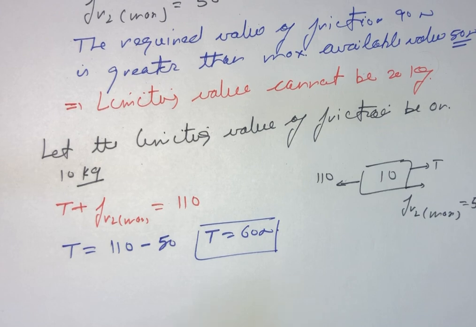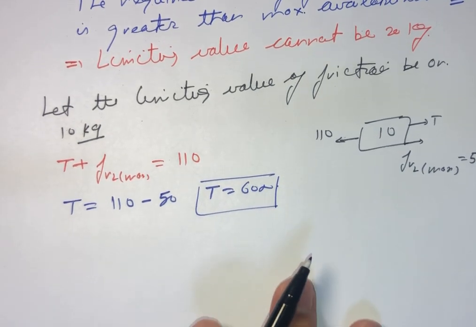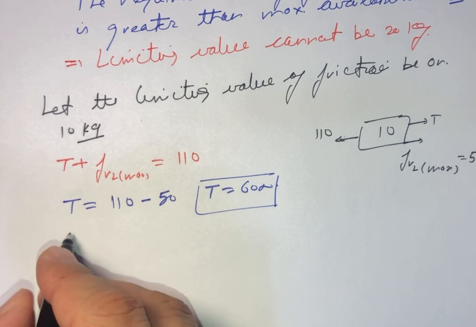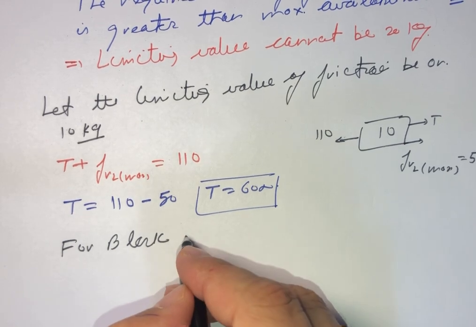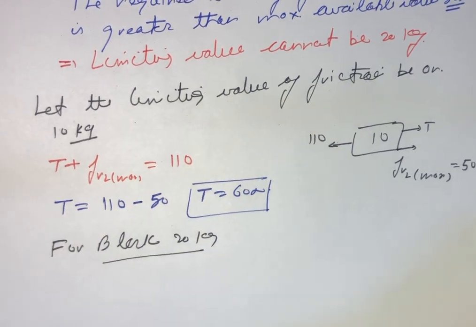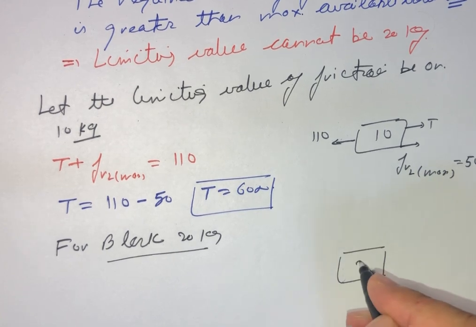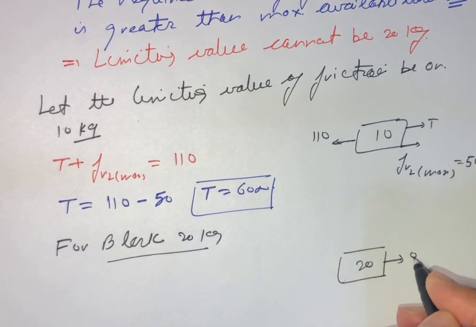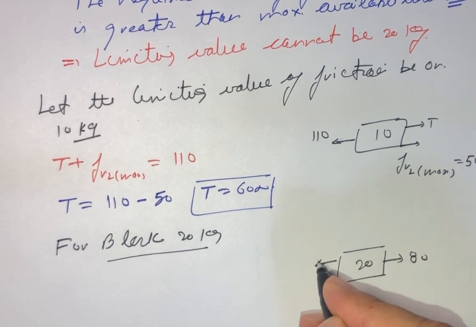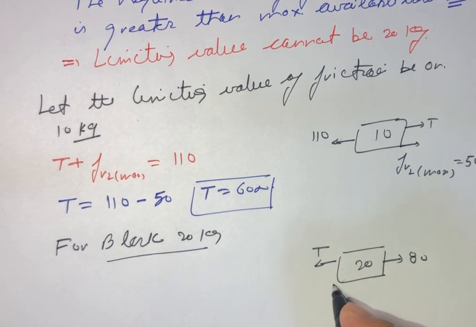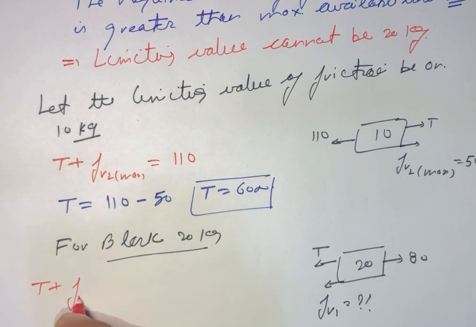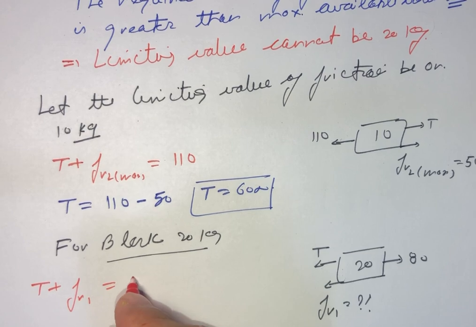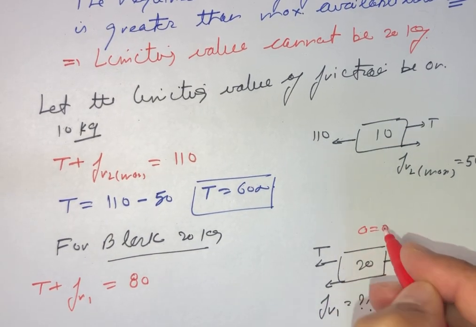Now we check this consideration using the second block, which was of 20 kg. Okay, so we have a 20 kg block, a force of 80 Newton, and we have a tension T, and we are going to find out our FR1. So we have T plus FR1 will be equal to 80, and acceleration is in both the cases 0.